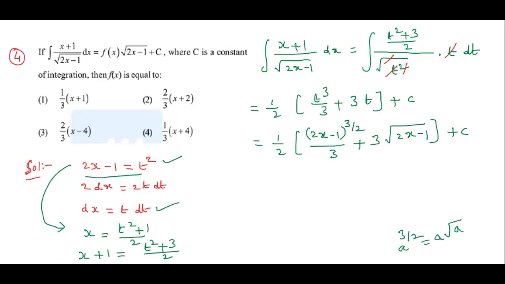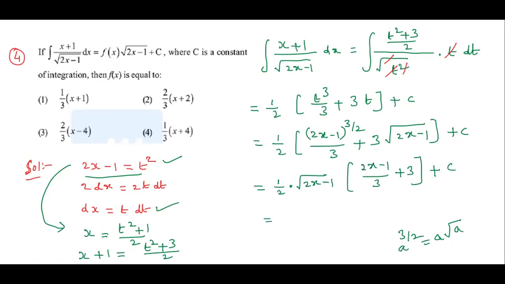Now overall I am going to take the common 1 by 2 into under root 2x minus 1. This is the common. Then what is the remaining term? Here (2x minus 1) divided by 3, plus 3, plus c.